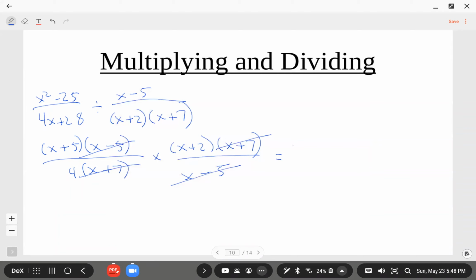Right. Okay. X plus 5 times x plus 2 over 4. Okay, we're done here. Oh, and no excluded values for dividing, because when we are dividing and then we have the reciprocal, it's very confusing, all right? So we don't need to do the excluded values for this one.